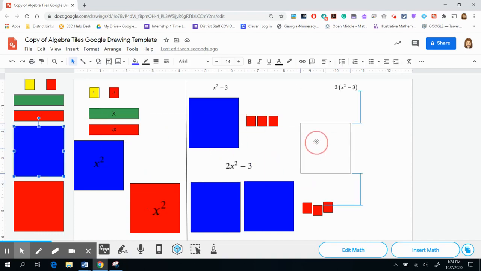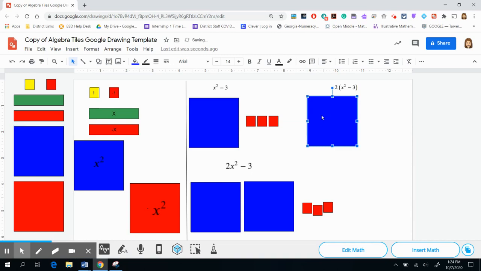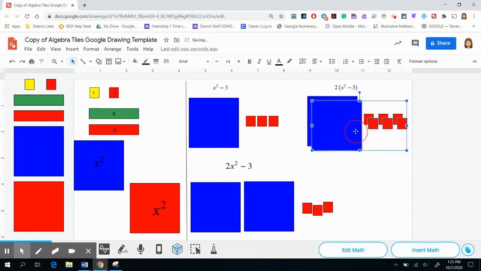So I'm going to use my algebra tiles to build a representation of two groups of x squared minus 3. There's x squared minus 1, minus 2, minus 3. X squared minus 3. Now I need to build two groups of x squared minus 3. Go ahead and create another group of x squared minus 3.